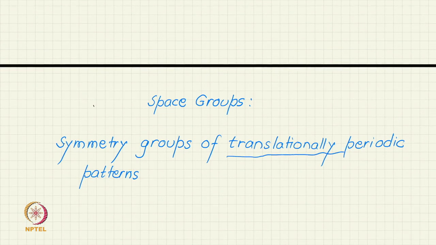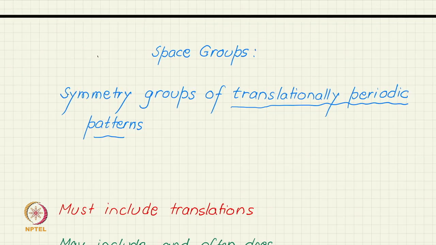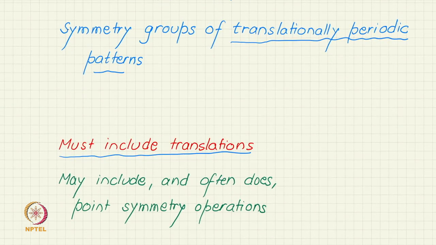So, since translational periodicity is required, it must include translations. But beyond translations, it may also include, and often does, different point symmetry operations. So, if you make a list of all possible operations in a space group, you will have translations, which are required.